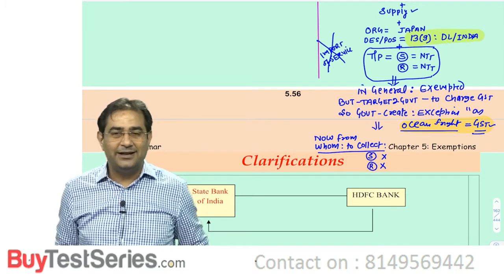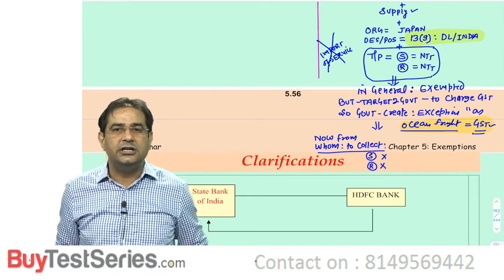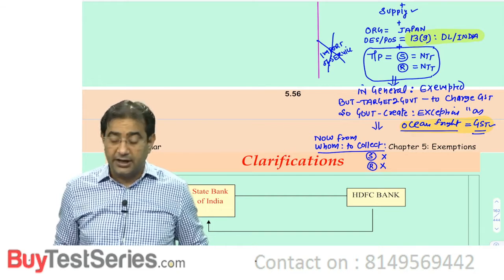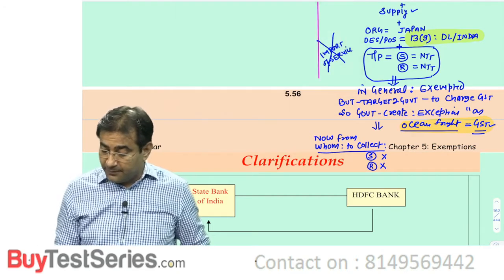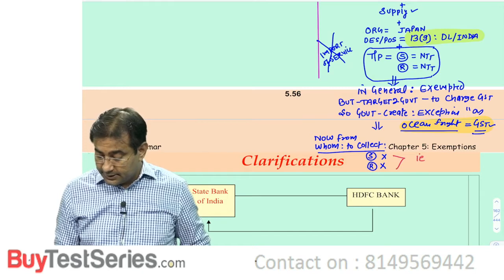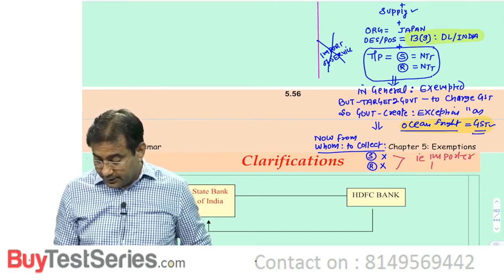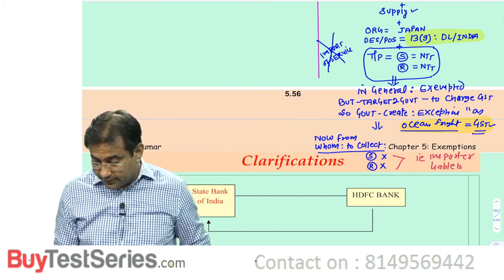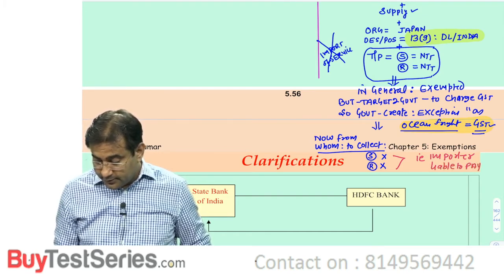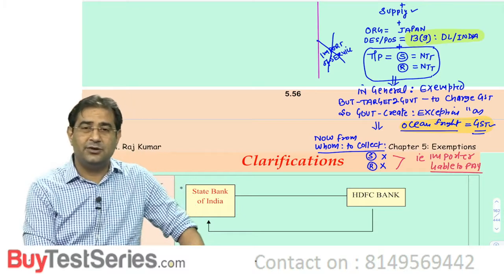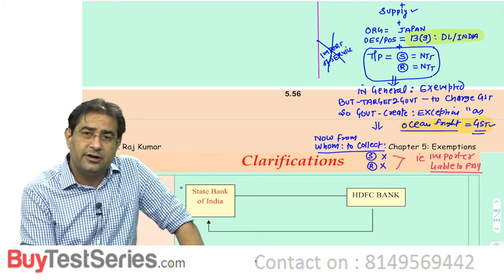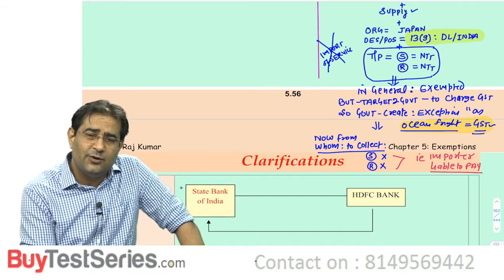So the government made an illogical provision here: the importer is liable to pay. One of the famous Hindi quotes, भाई तू कौन कि मैं खामोखा. ये खामोखा वाली बात आ रही है.